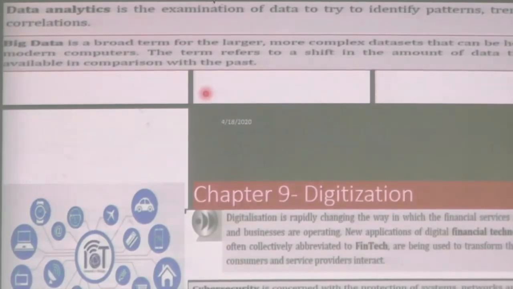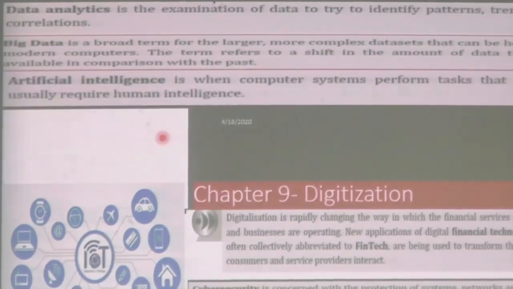For example, when you navigate something on the internet, an advertisement appears: why don't you go to this hotel, why don't you buy this? Because they are offering you something that you like. They have used big data to analyze both structured and unstructured data and to make decisions.